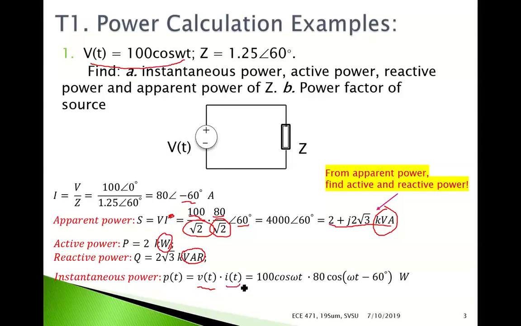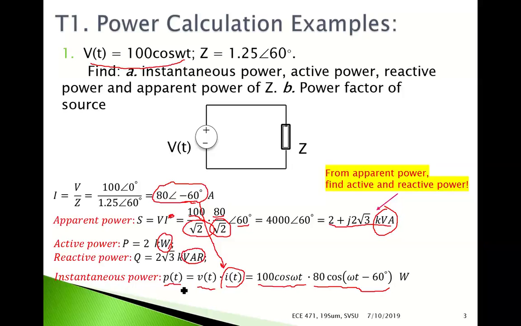So what we need to do is just to convert the current phasor here to a time function down here, which ends up with 80 as magnitude, or say the peak value, and times cosine omega t minus 60 degree as the phase angle, times the voltage time function, ending up with the real-time instantaneous power, which is a function of time t as well.